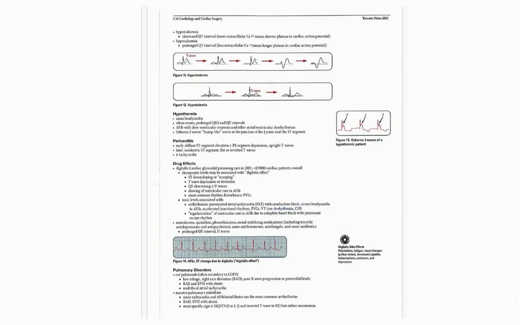The classic but relatively uncommon ECG pattern is S1Q3T3, which consists of a deep S wave in lead 1, a Q wave in lead 3, and an inverted T wave in lead 3. Although this pattern is highly suggestive, it is present in only a minority of patients.